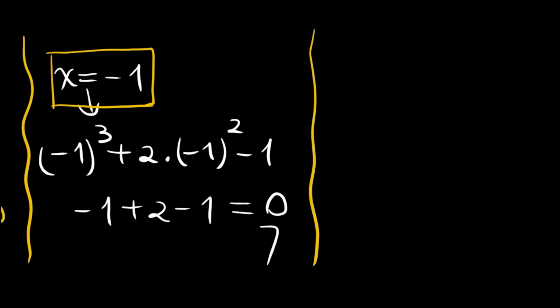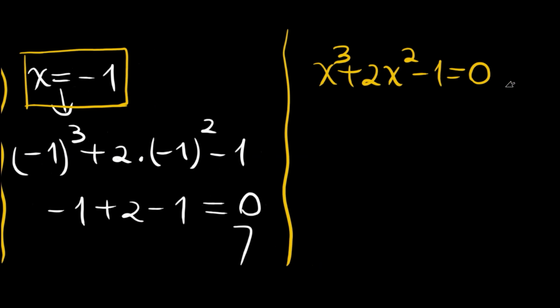Now we have x cubed plus 2x squared minus 1, and we have found x is equal to negative 1 is a root. We can use synthetic division, or I will show you another method. We have a factor like x plus 1, and we will have a quadratic to get this cubic.